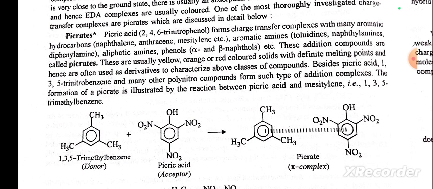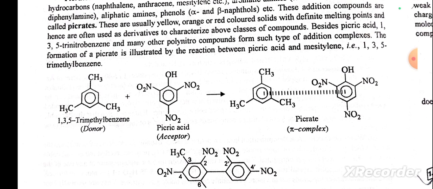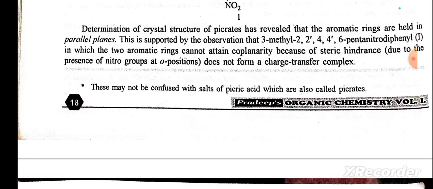Besides picric acid, 1,3,5-trinitrobenzene and many other polynitro compounds form this type of complex, and the formation of the picrate is exemplified by the reaction between picric acid and mesitylene, 1,3,5-trimethylbenzene.